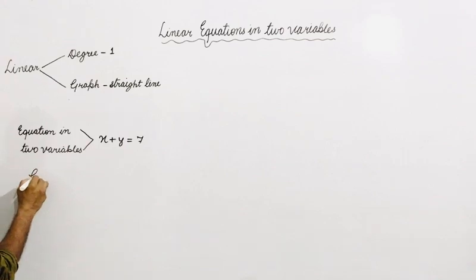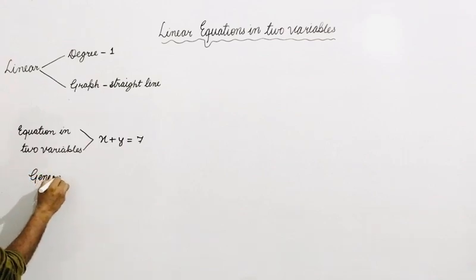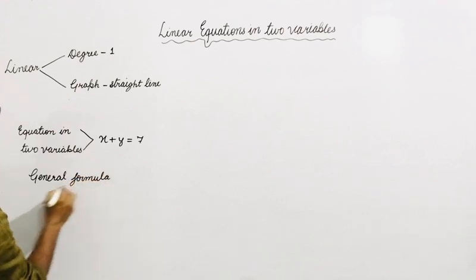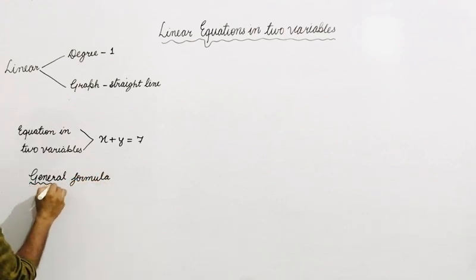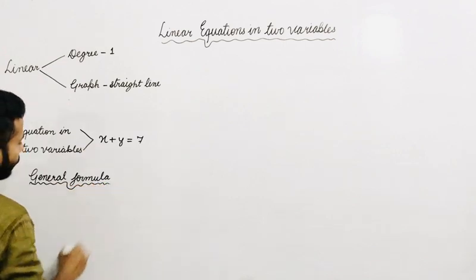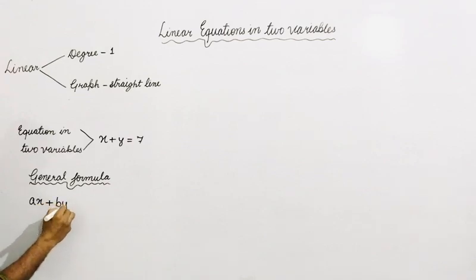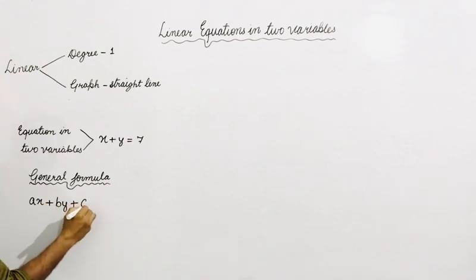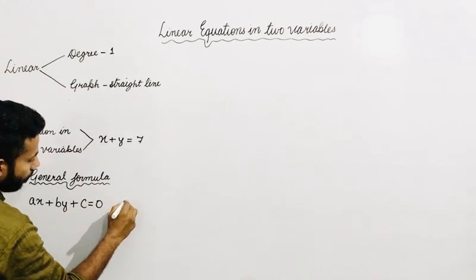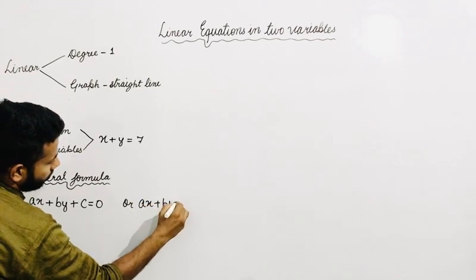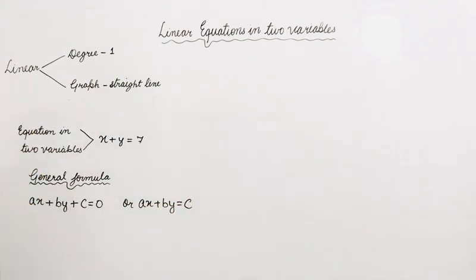Now let us come to the general formula. What is the general formula of a linear equation in two variables? The general formula of a linear equation in two variables is ax plus by plus c equals 0, or ax plus by equals c.